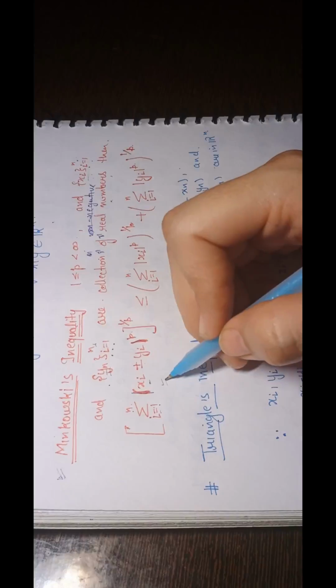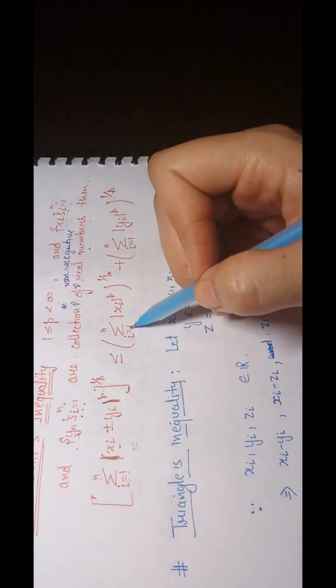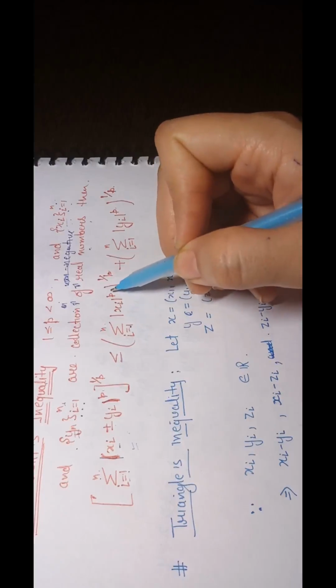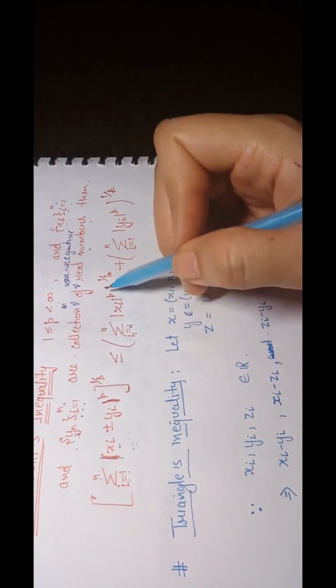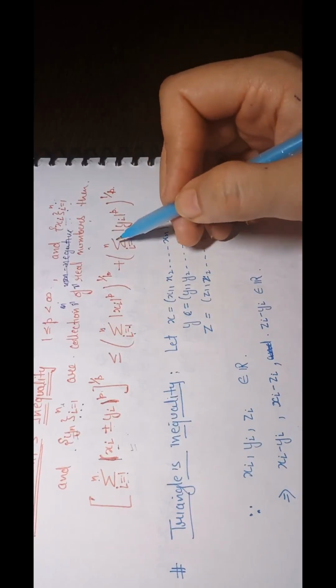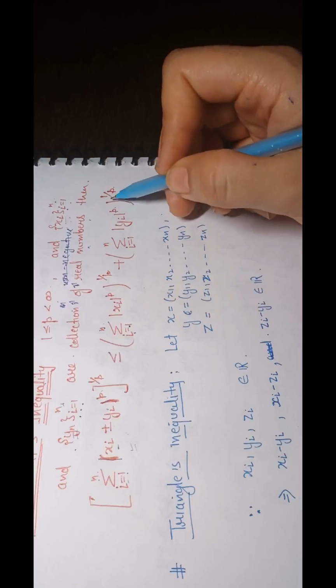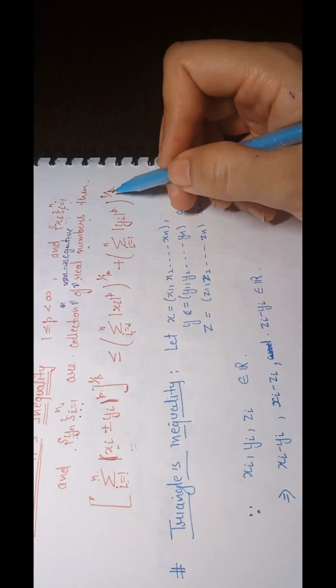If we have this condition, then this is always less than or equal to the summation of mod xi to the power p, i running from 1 to n, to the power 1 by p, and similarly the summation, i running from 1 to n, of mod of yi to the power p, to the power 1 by p.